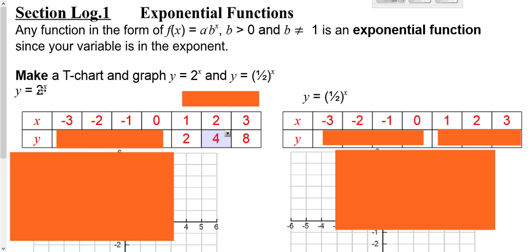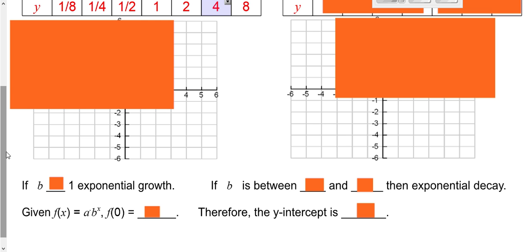Take 0, plug it in, I get 2 to the 0. Take -1, plug it in, I get 2 to the -1, which remember a negative exponent means 1 over that. Take -2, plug it in, I get 1 over 2 squared then, which is 1/4, and then plug in the -3.